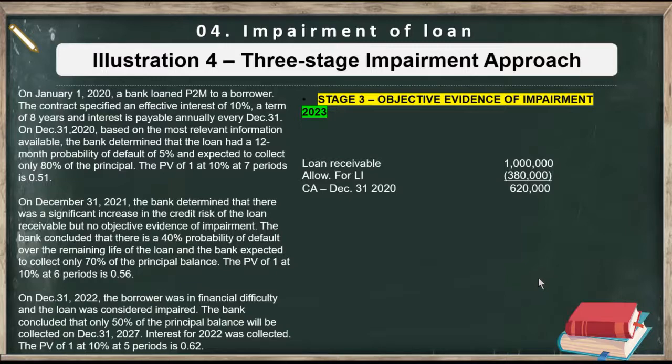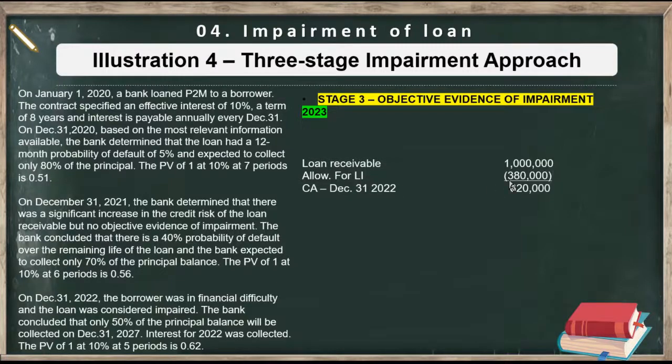So, the loan receivable now would be 1 million. And then the allowance for loan impairment would be 380,000. So, the carrying amount is updated for 2022. Okay. So the carrying amount for 2022 is already adjusted with the 50% written off, 50% of 2 million, and also the correct allowance for loan impairment.